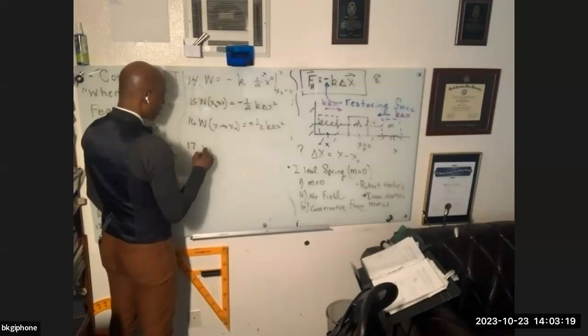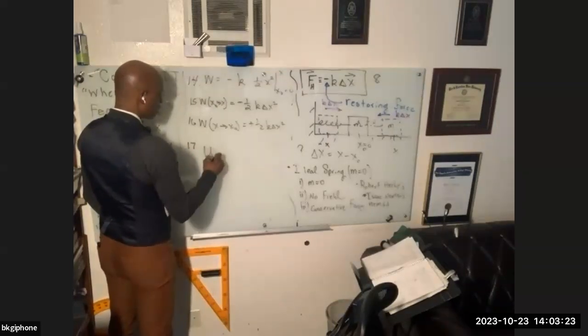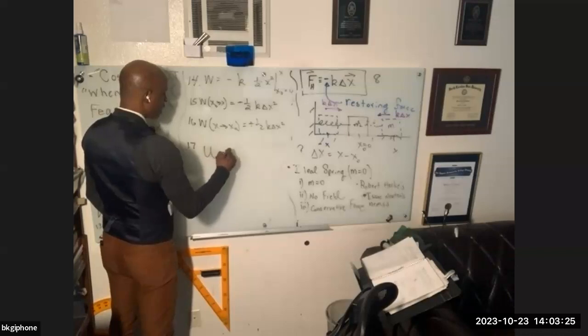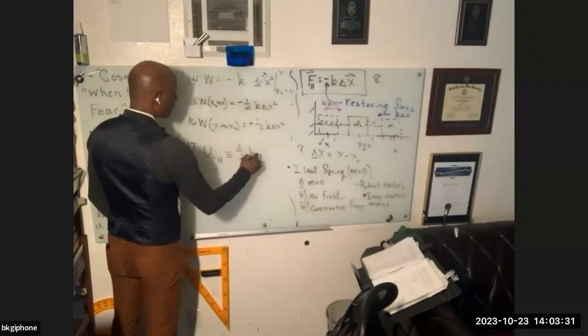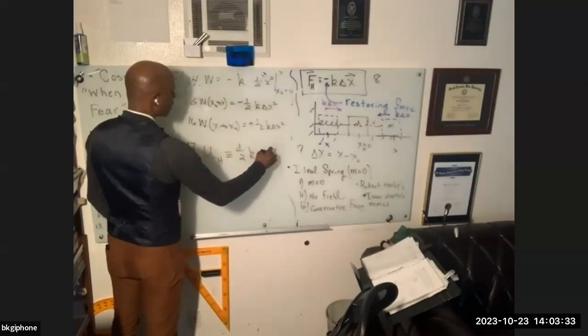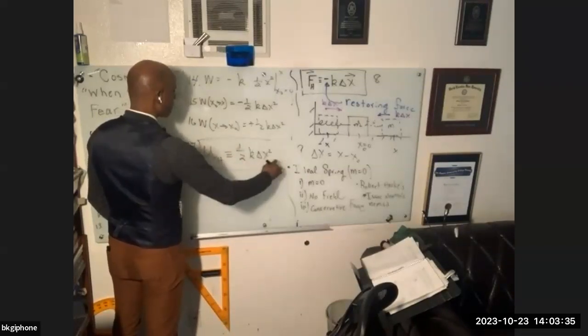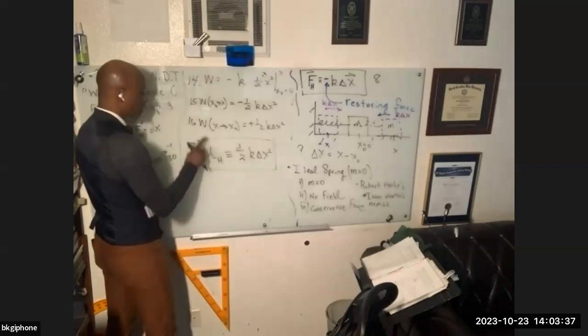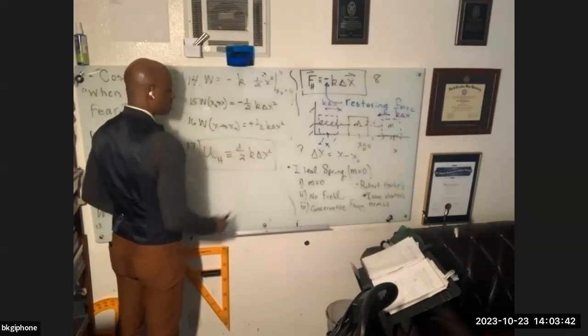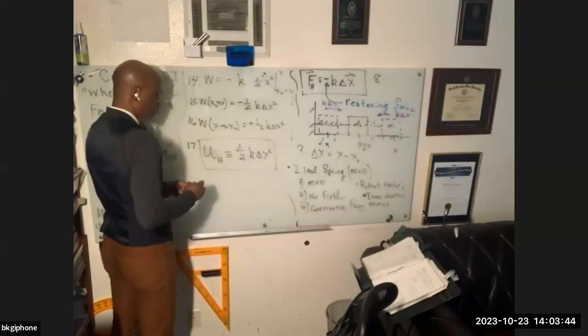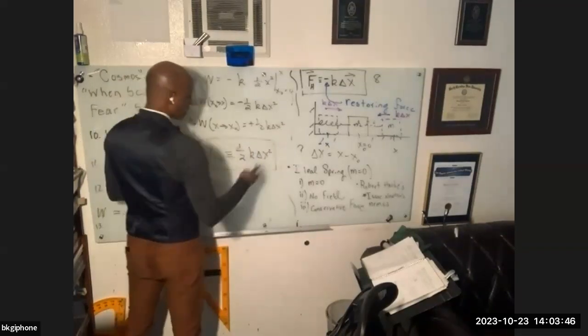So what we say is that the potential energy for Hooke's law is defined as 1/2 k delta x squared. So we define that quantity as a potential energy. But then when we relate the potential energy to work, well, first of all, we realize it's always got to be a change in potential energy. It doesn't really make sense to talk about potential energy at a point, as I've said before.